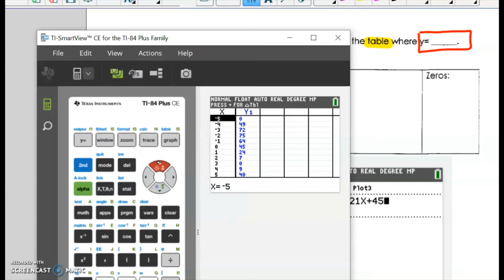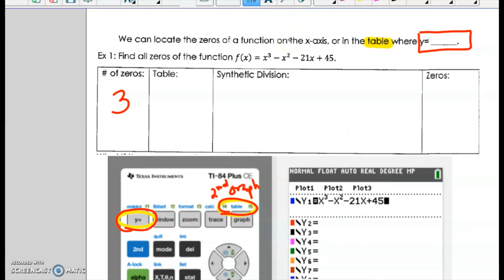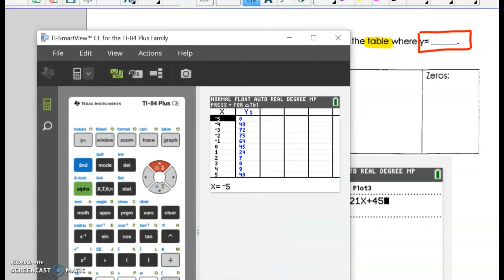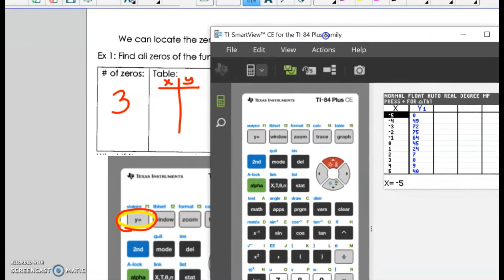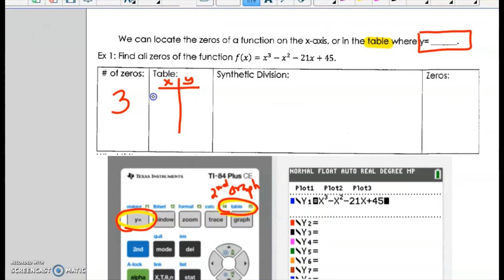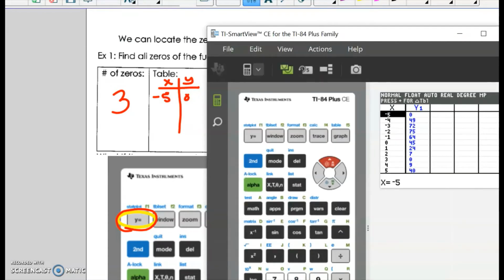And so our table, I'm just going to write some of that down, says here's X, here's Y, and you're seeing things in the table like negative 5, 0. I'm not going to put everything down because I just don't have time to do that.